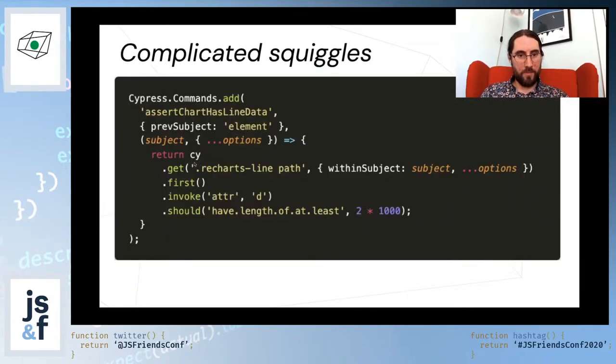And given that, there's a get. We use Recharts at Lightstep. It's a really good charting library. I recommend it. So there's a get to specifically find the SVG path within that container element that we were given.